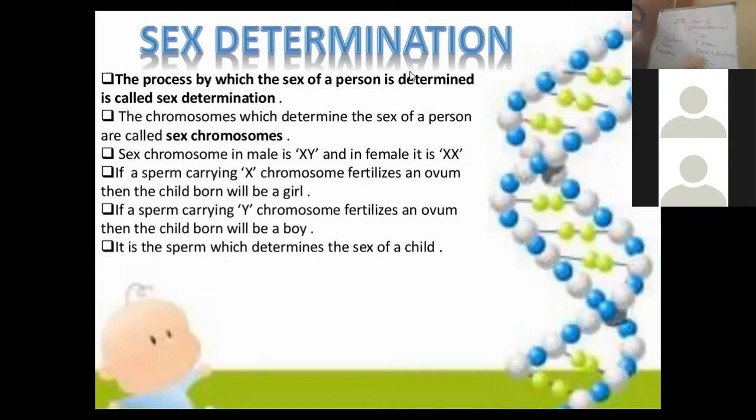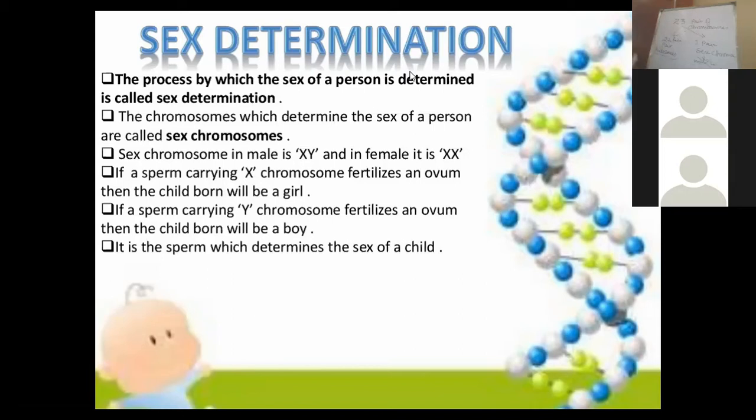Autosomes are quite similar in both men and women. They carry those genes which are there for the somatic characteristics. But the one pair which determines the sex of the child is different.